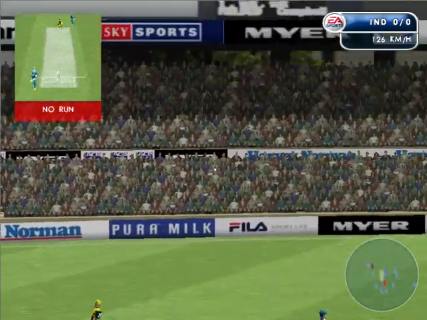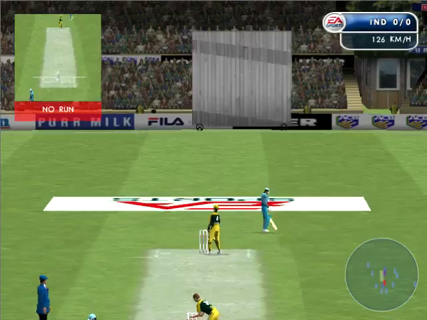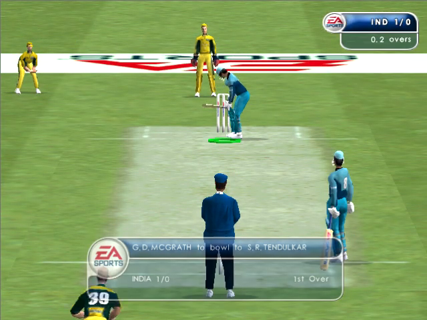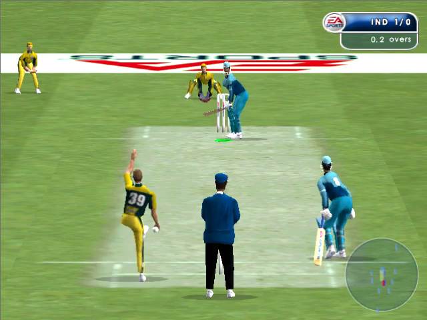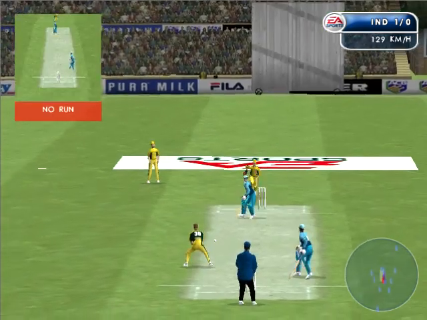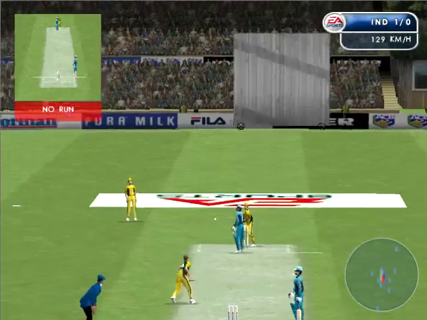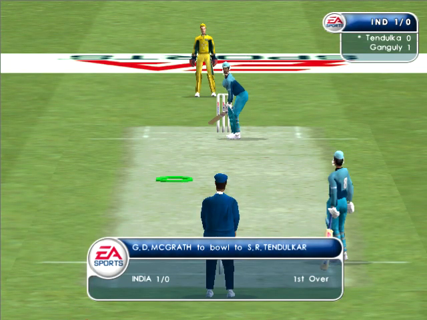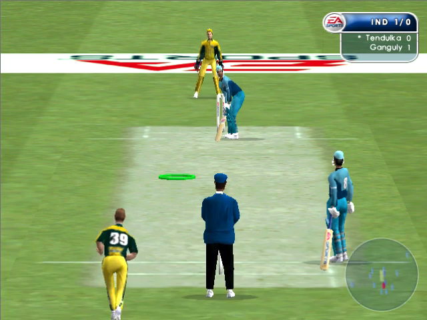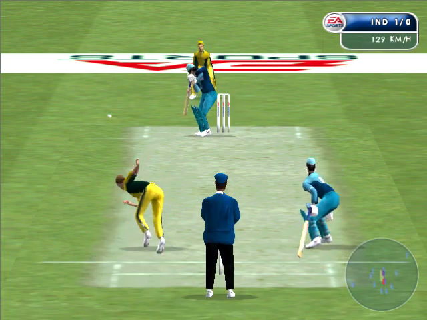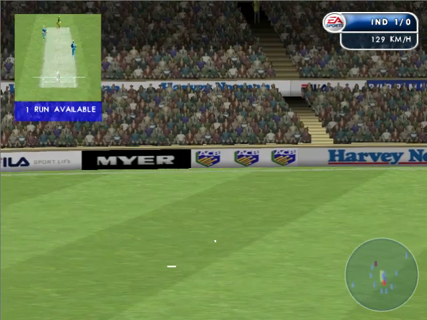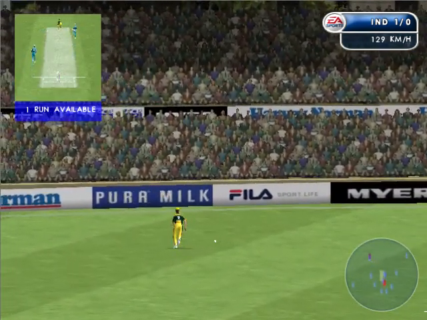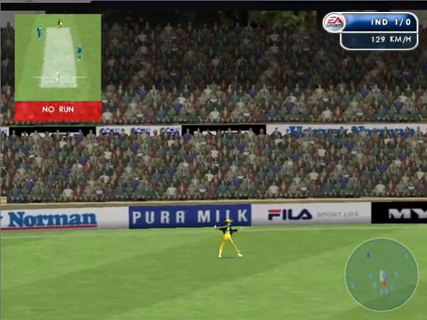That's a lovely way to get off the mark. Collected by Hayden.